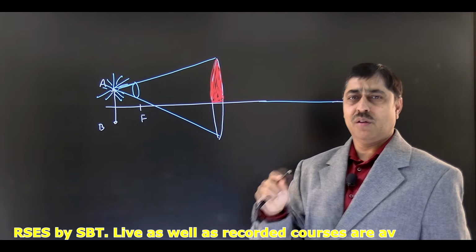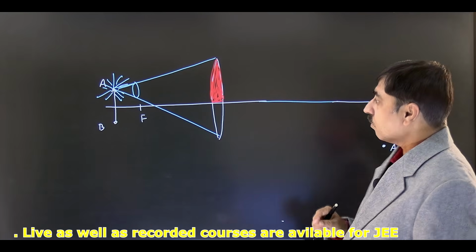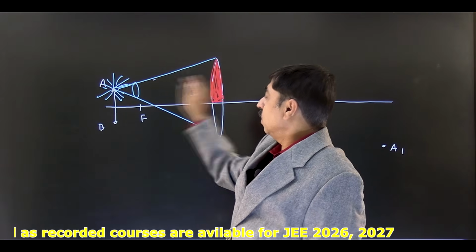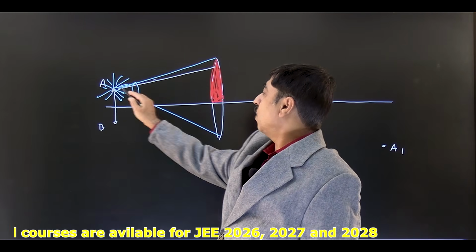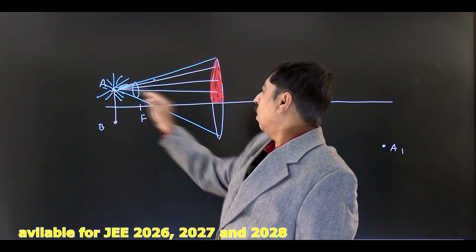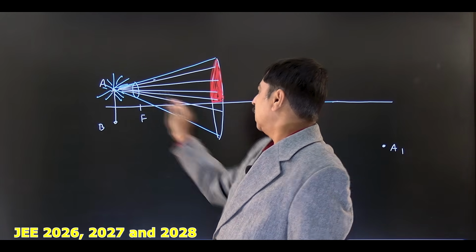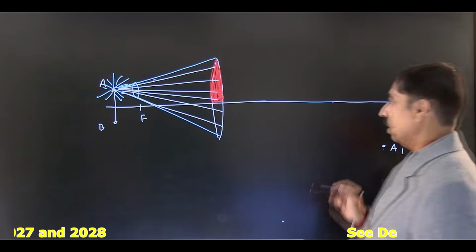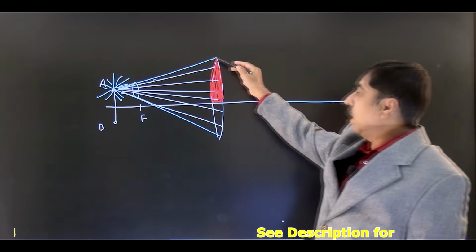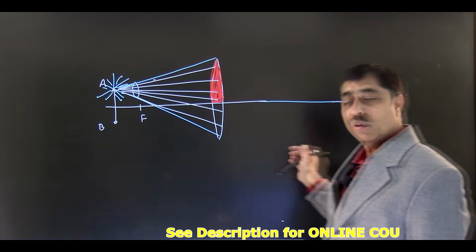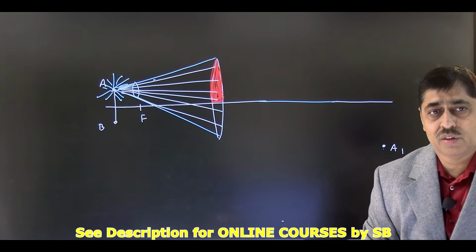You can calculate using the lens formula. But all these rays which start from point A will reach this particular point A1, and the entire light energy contained inside this cone will reach point A1.